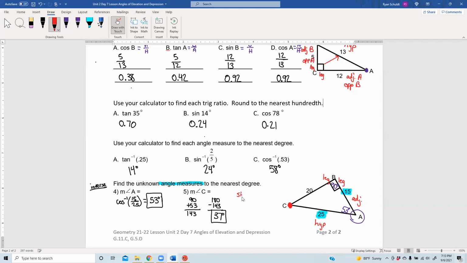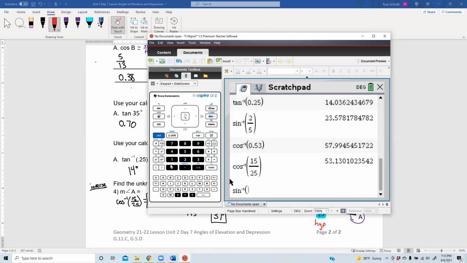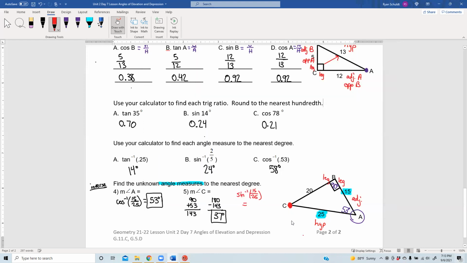So we could do the sine inverse of 15 over 25. See that, sine inverse 15 divided by 25. 36.8 or 37 degrees, which is the same thing as we got right there.